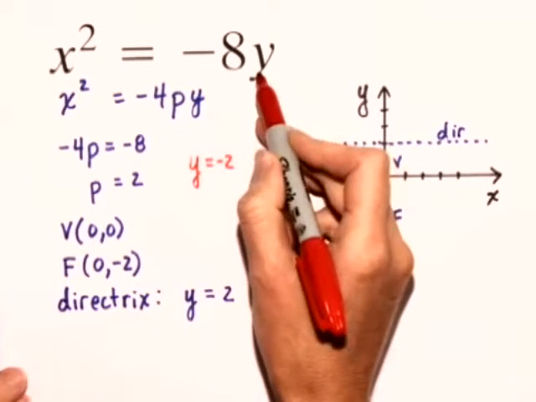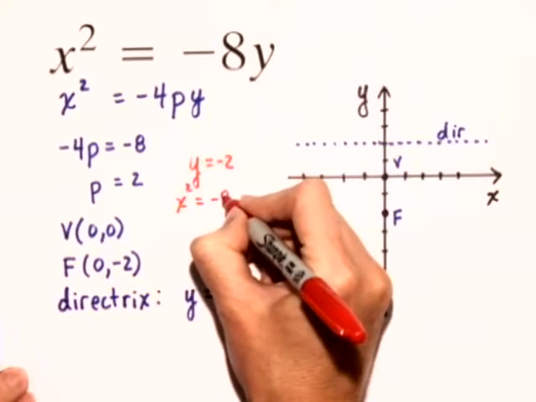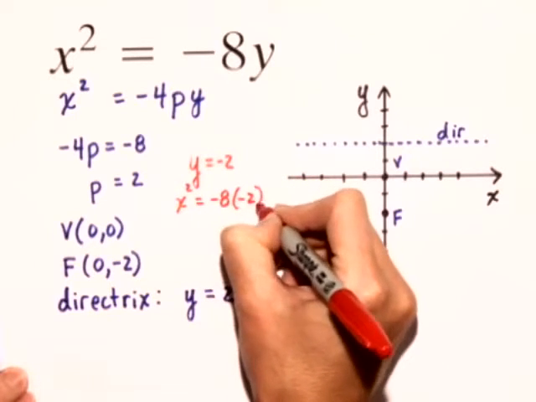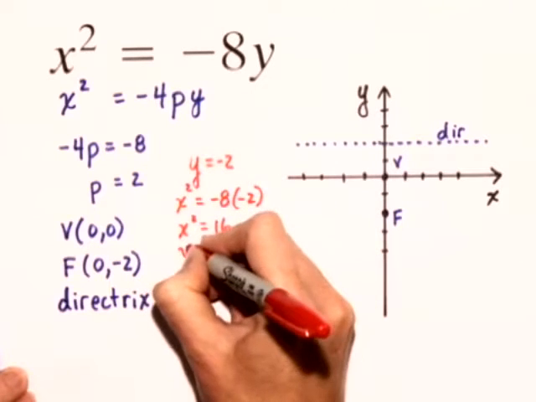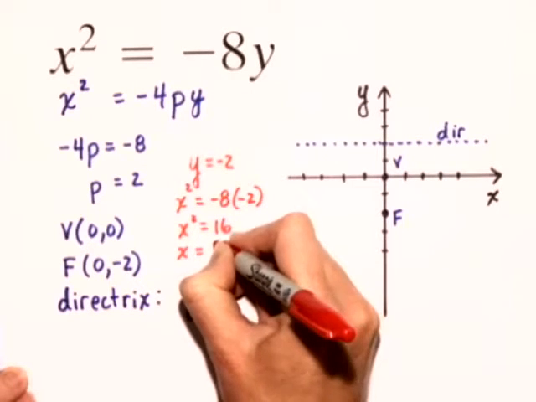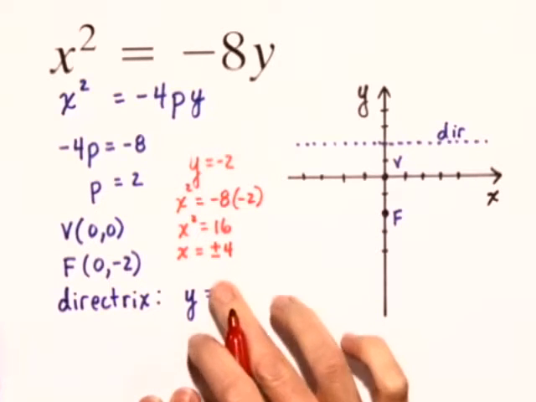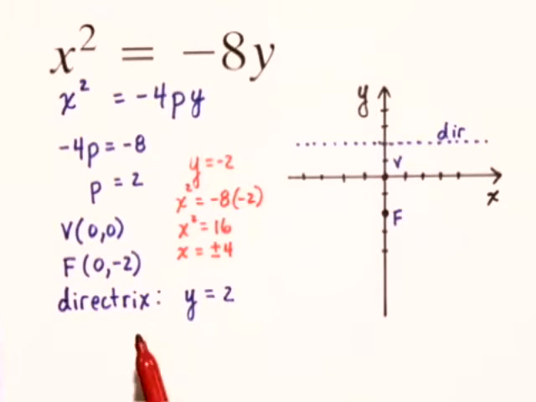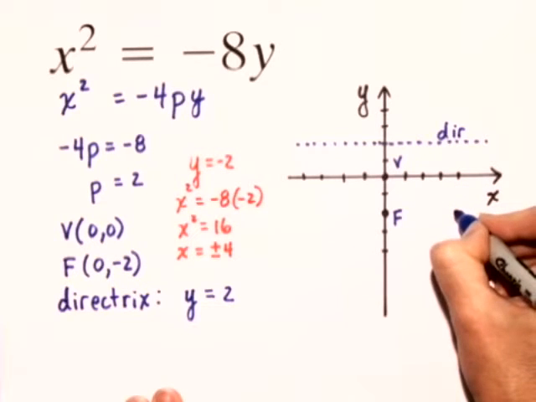If we choose y equal to negative 2, then we get x squared is equal to negative 8 times negative 2, or x squared equals 16. This has 2 solutions. X could be positive or negative 4 if we take the square root of both sides. So in other words, when x is positive 4, the y value is negative 2.